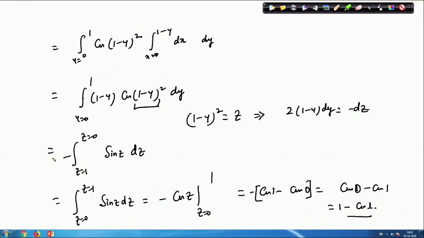There is a half here, so of course there will be a half. The integral of sin z is minus cos z, so we will not get any minus here, and then this will be sin 1 minus sin 0, so ultimately we will get half of sin 1.